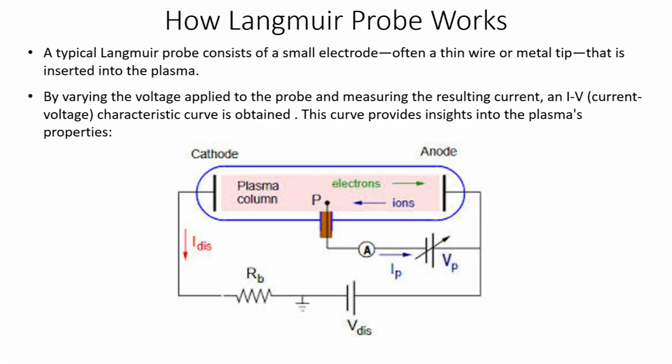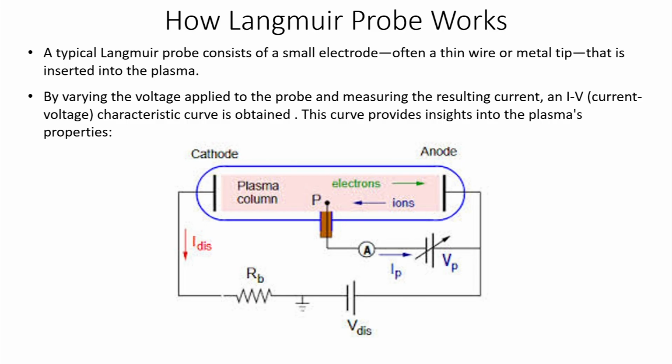Here you see this is the probe, inserted in the plasma chamber, and there is a voltage source and an emitter to measure the current. The voltage can be changed.